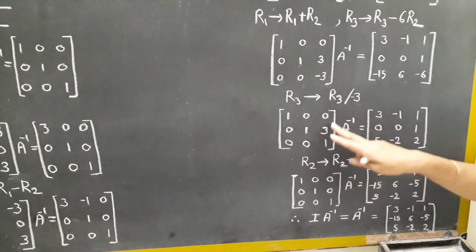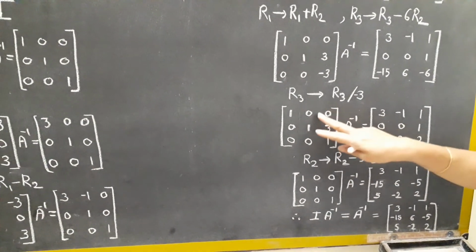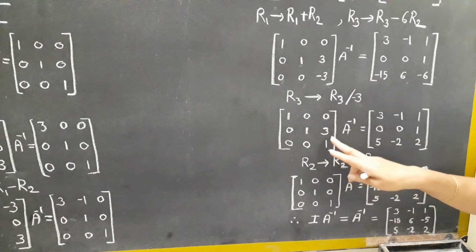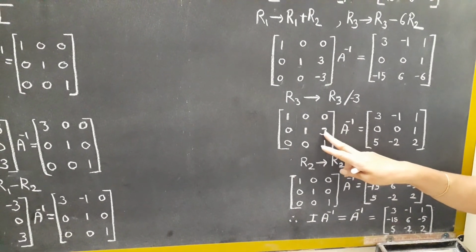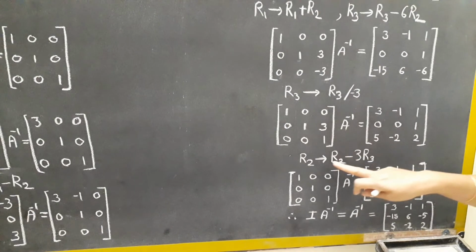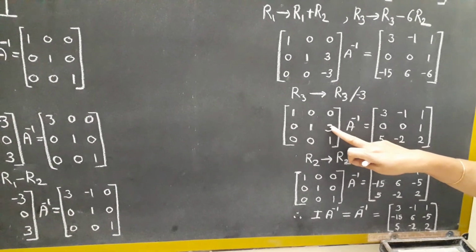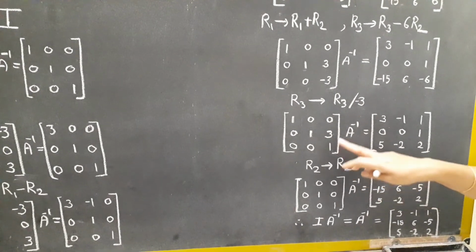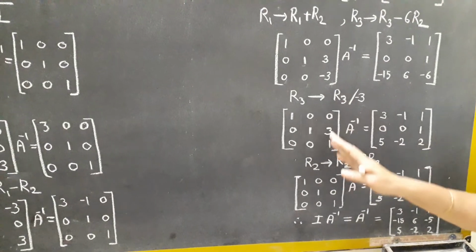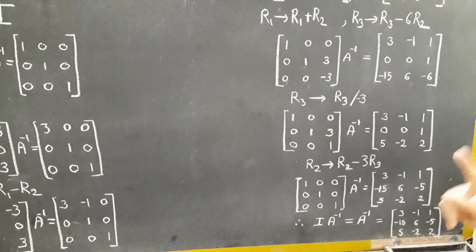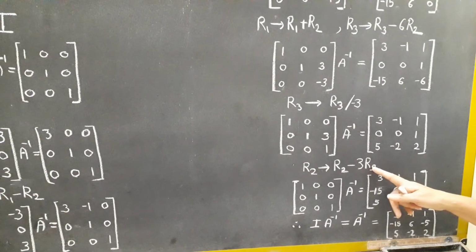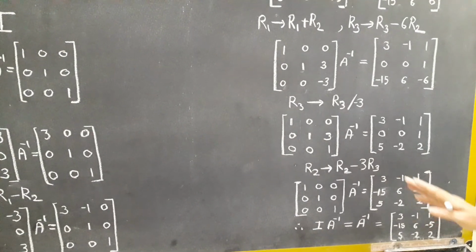Now complete the whole third column, and for that I have to bring 0 over here. Only R2 I want to change, and for that the opposite of this is minus 3. And now the column we are completing is C3, so we will make use of R3.